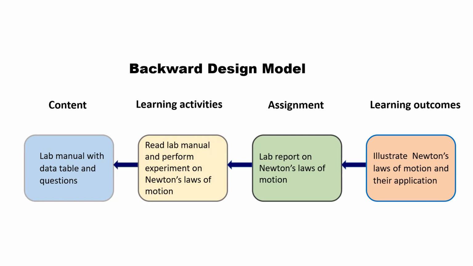To achieve this goal, illustrating Newton's three laws of motion and their application, what assignment is relevant? It should be some hands-on activity, something related to the lab, related to Newton's laws of motion, right? So my assignment will be lab reports on Newton's laws of motion, first law, second law, and the third law, right?